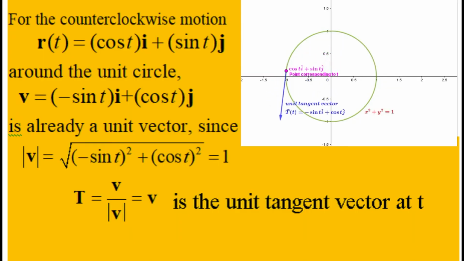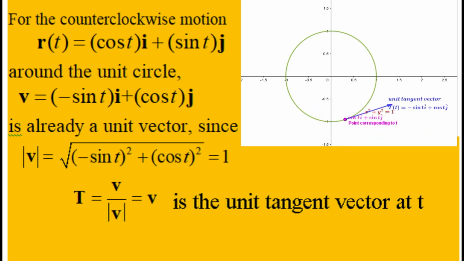For the counterclockwise motion, r(t) = cos t i + sin t j around the unit circle. The velocity vector v = dr/dt = −sin t i + cos t j. And this is already a unit vector since |v| = √((−sin t)² + cos² t) = 1.